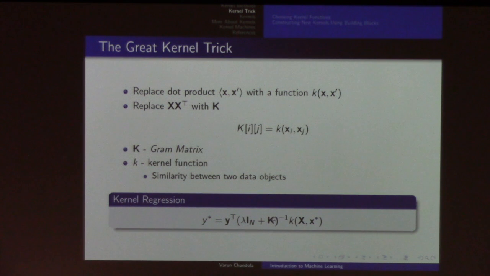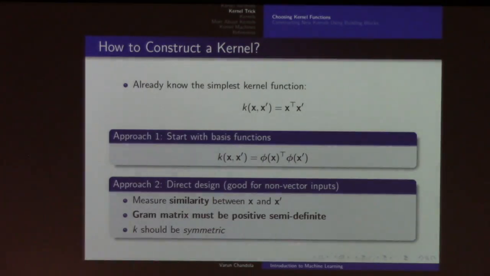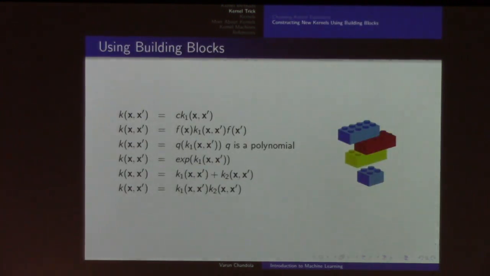That you can verify very easily. But the main point is that you cannot arbitrarily choose any function. You need to choose functions such that the resulting kernel matrix is positive semi-definite. Then that is an appropriate function. Also K should be symmetric, which means that K of xi comma xj should be the same as K of xj comma xi. So these are the properties that need to hold.